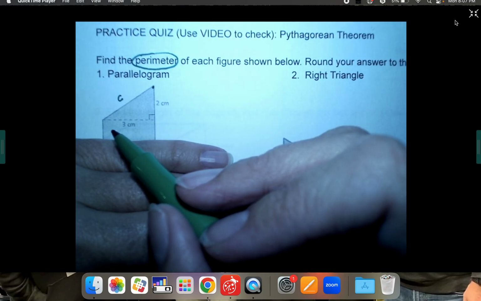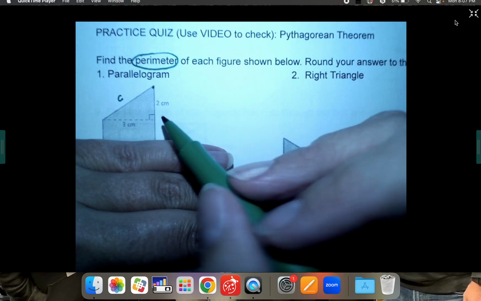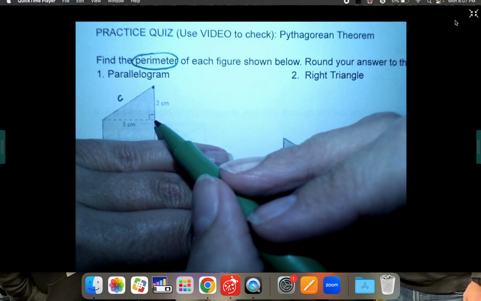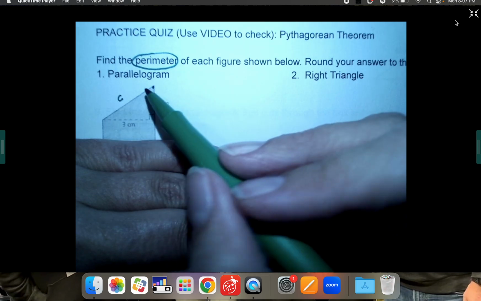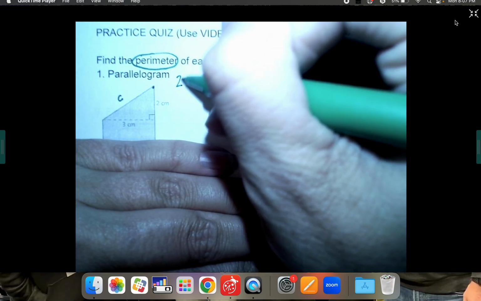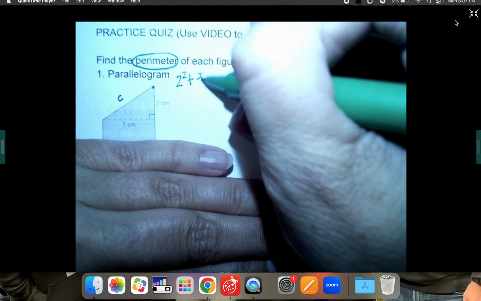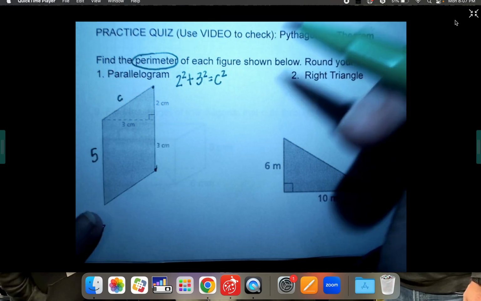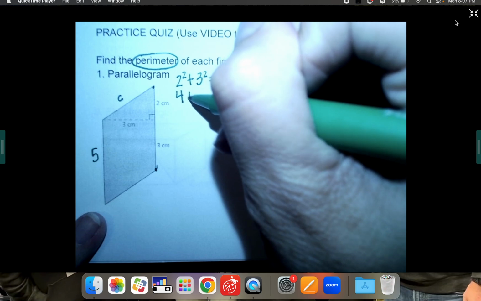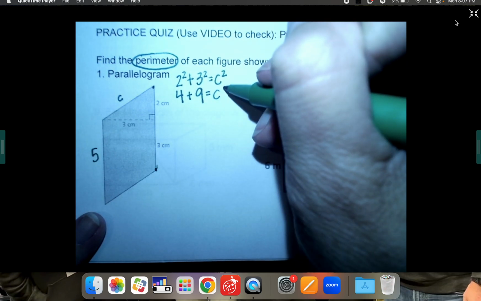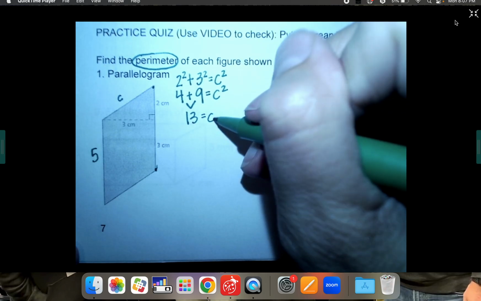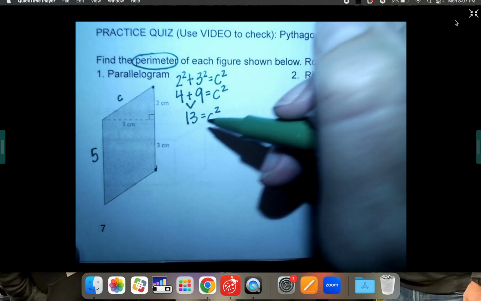So using the Pythagorean theorem, I'm going to add the leg length squared to equal the hypotenuse squared. So I'm going to do 2 squared plus 3 squared to equal my c squared side. So 2 squared is 4, 3 squared is 9, 4 plus 9 is 13, and I know that that's not the final answer.